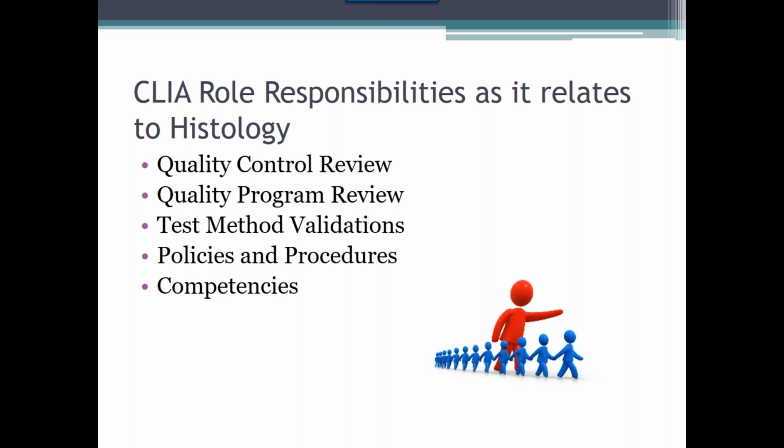Since CLIA defines what responsibilities can be carried out by what role, it is important that you review these and understand what your histology supervisor can and cannot solely sign off on. In most organizations, your histology supervisor will sign off on departmental quality control, quality monitors, test validations, and competency as part of the review. However, a pathologist that fills the technical supervisor role or the medical director must sign off as well.